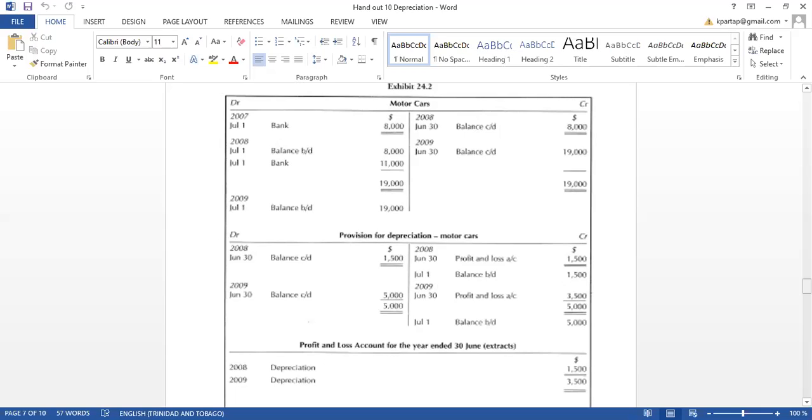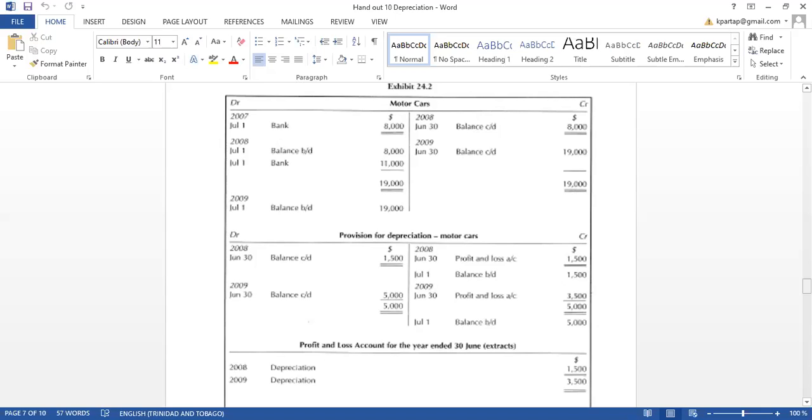Right, okay. So the provision for depreciation. So June 30th, we had the balance carried down 1,500 and it was brought forward July 1st, 1,500 in 2009.